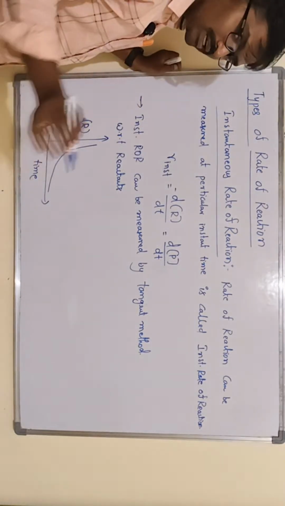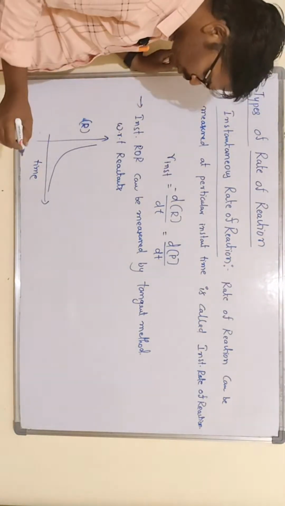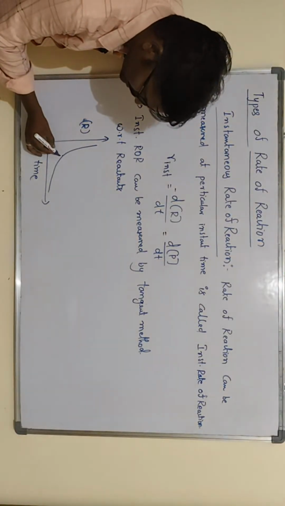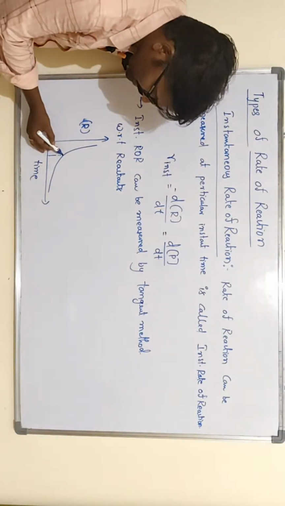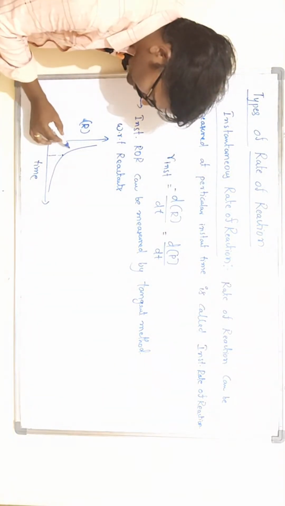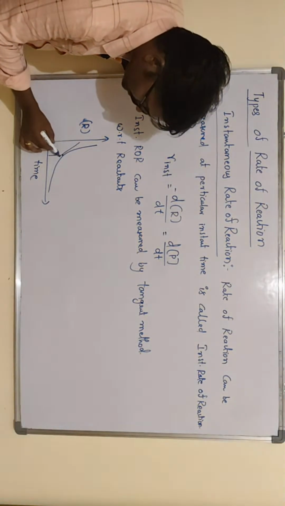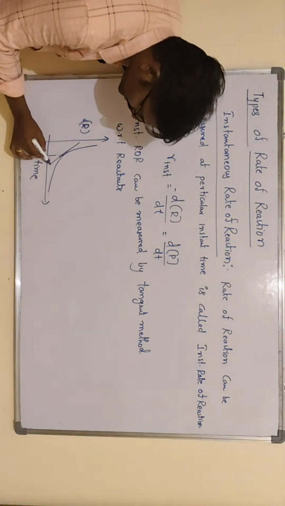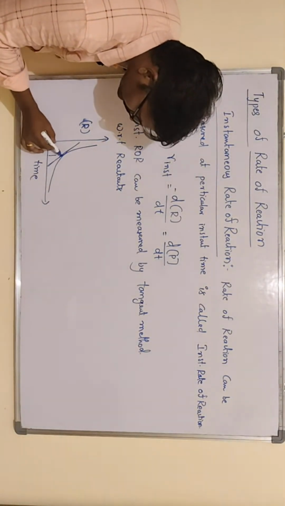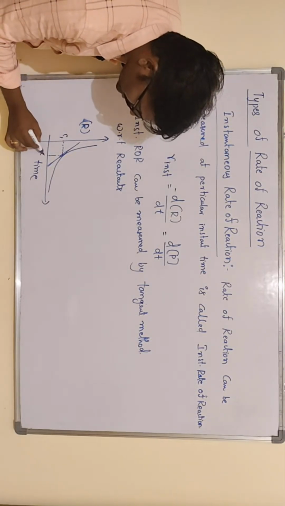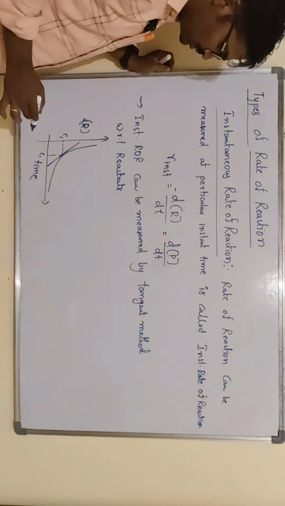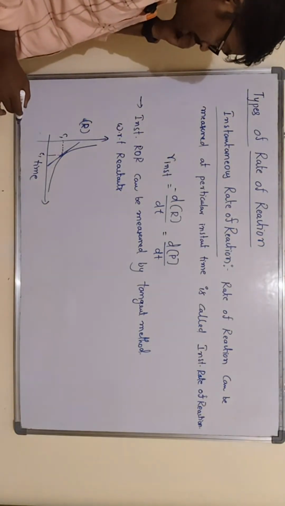At a particular instant of time, to calculate the rate we have to draw a line which is directly attached to that particular point. Based on that, we get the concentration change with time. That is what we call the tangent method.